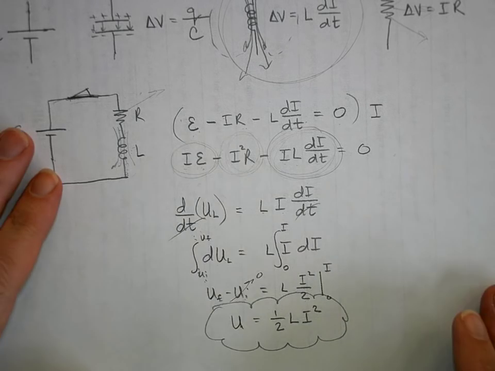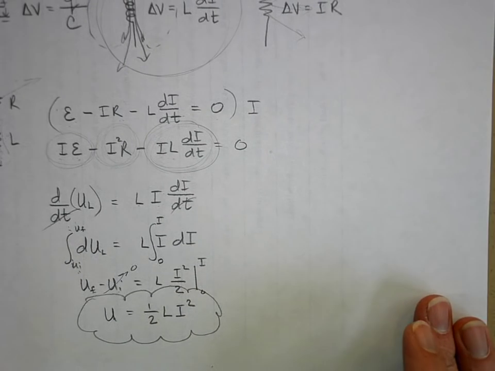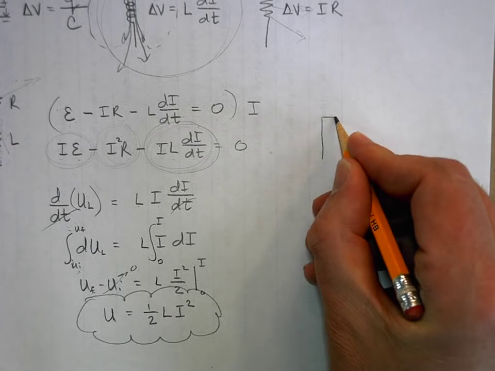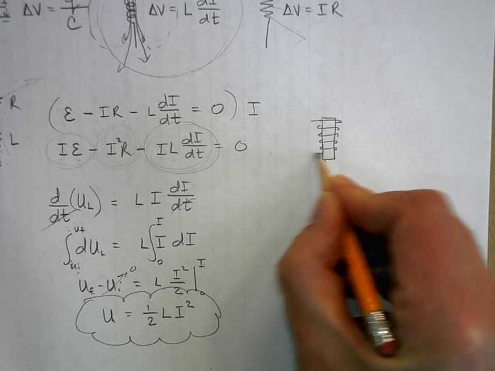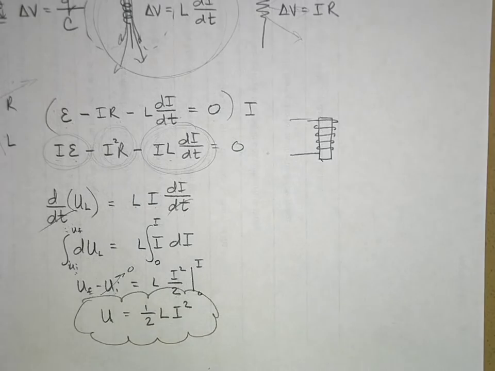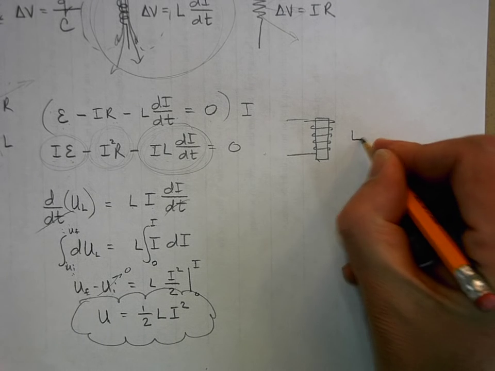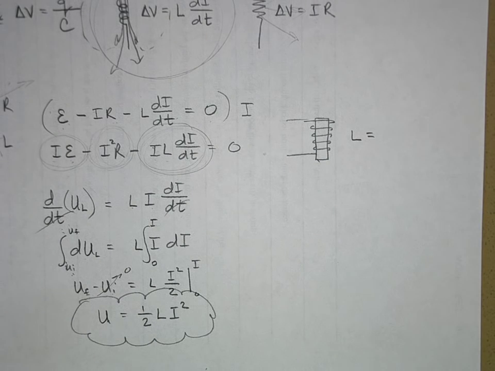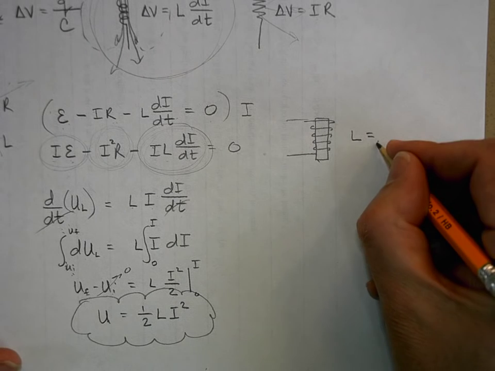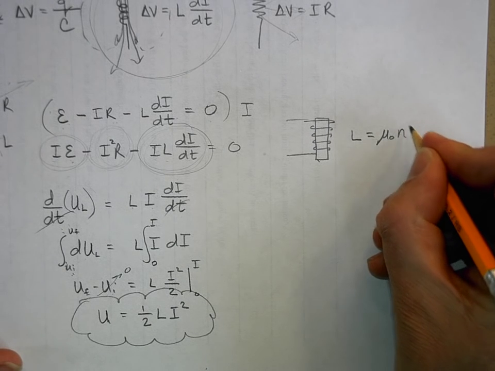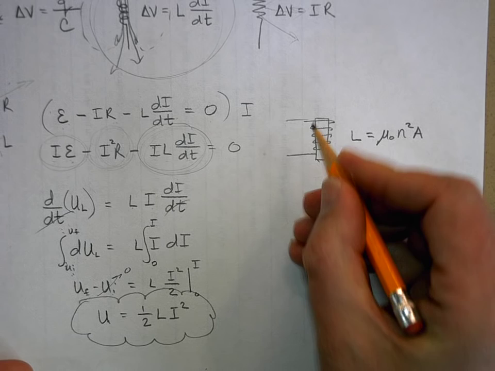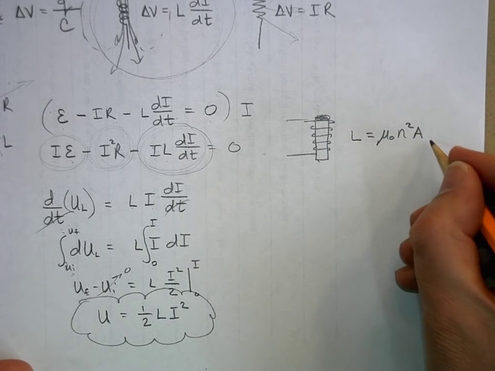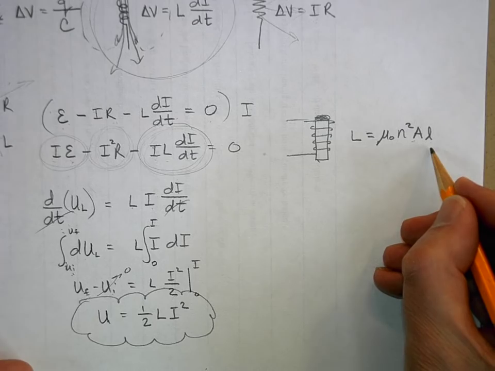If I have a solenoid, it was shown in one of the examples in your book, and I'm not going to rederive it now because I don't have time, that the inductance for that solenoid is equal to mu naught times n squared times the cross-sectional area of that solenoid times the length. Well, now the area times the length, that's really the volume of the solenoid.